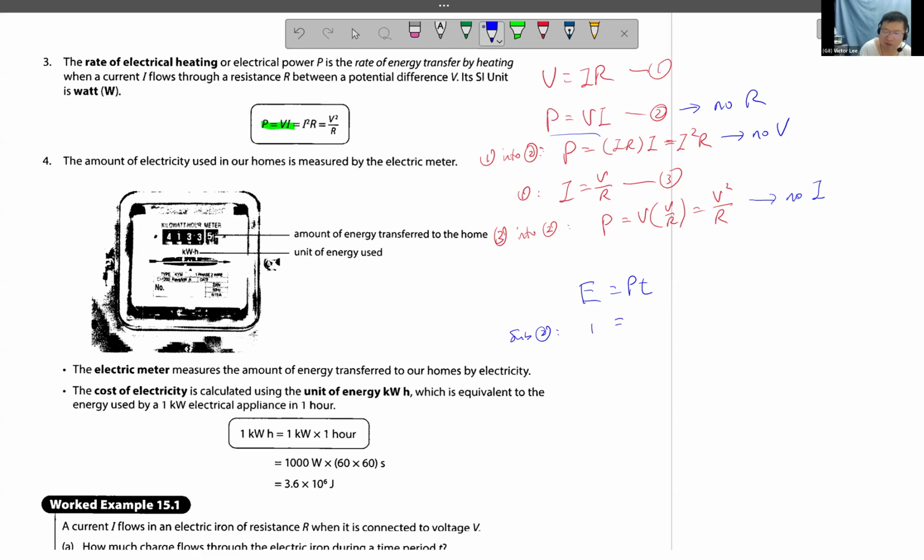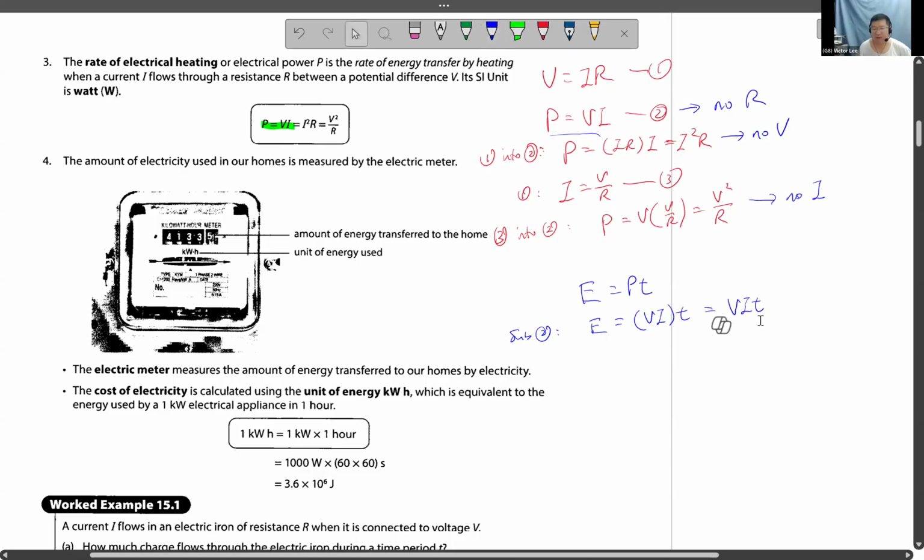Energy equal to power, which is VI, times T, equal to VIT. Take note of the capital V, capital I, because there's a symbol for voltage and current, and T is the symbol for time, small t. Is that okay? So energy can be VIT, and therefore energy can be any form of these 3. It can be I squared RT or V squared T over R.